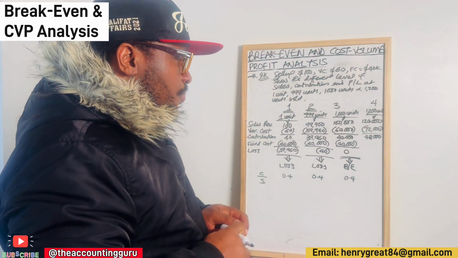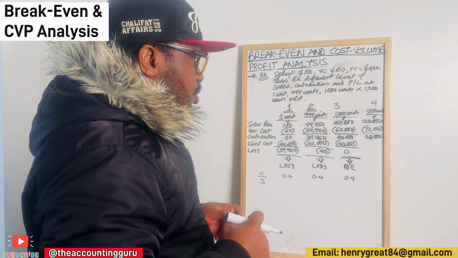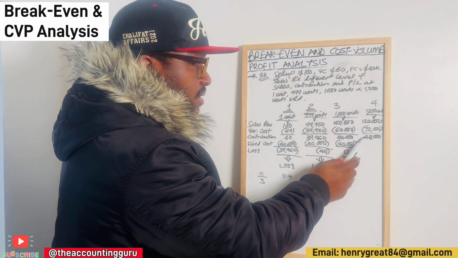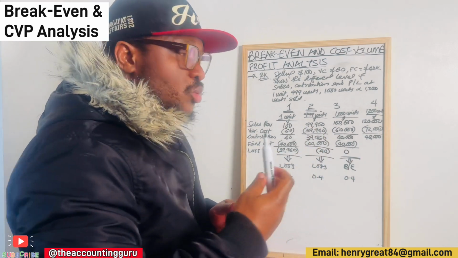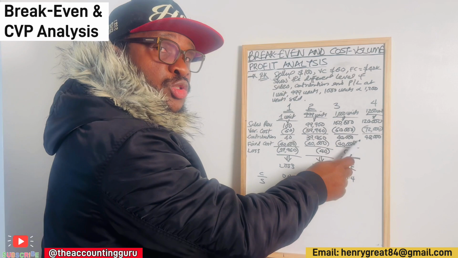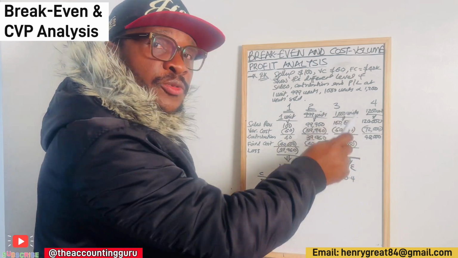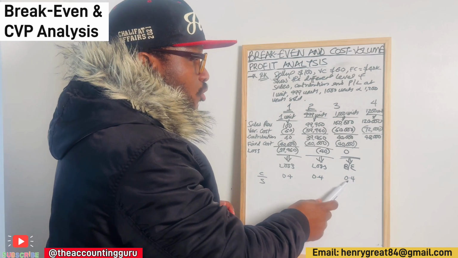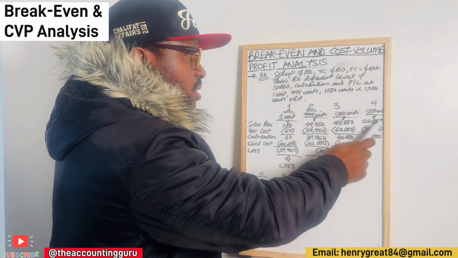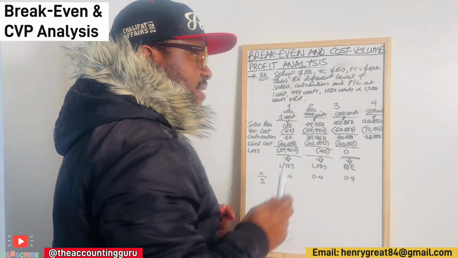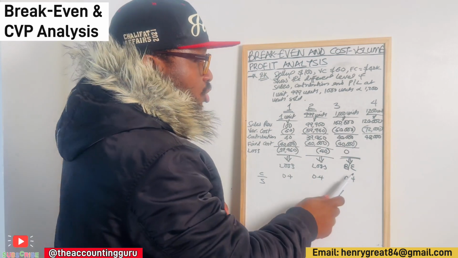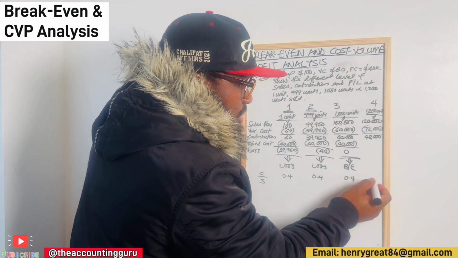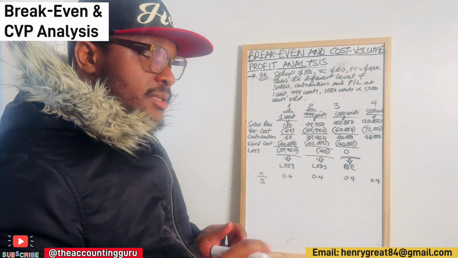If that is true, how do we confirm this 48,000 to be correct as contribution for level 4 in an alternative way? If you do 0.4 times 120,000, you will be getting 48,000. You can confirm that. Just do 0.4 times 120,000. Perfect.